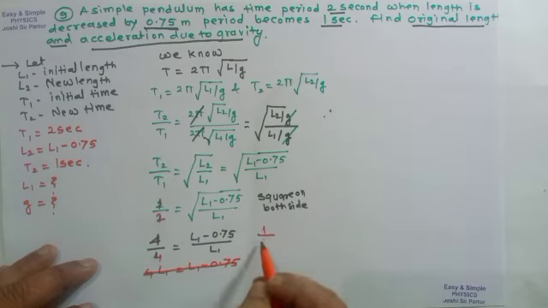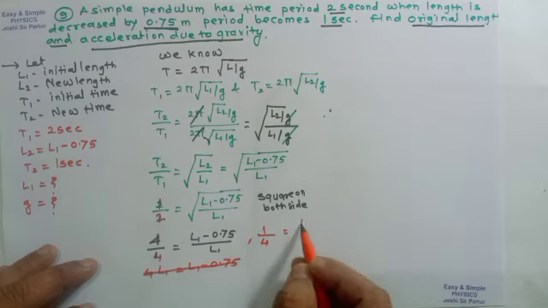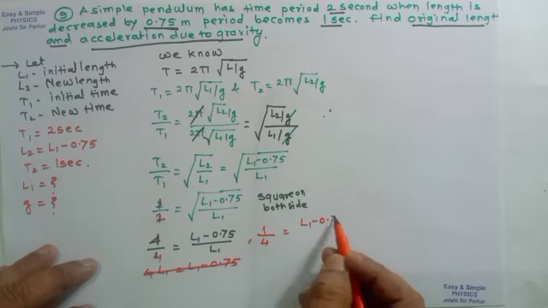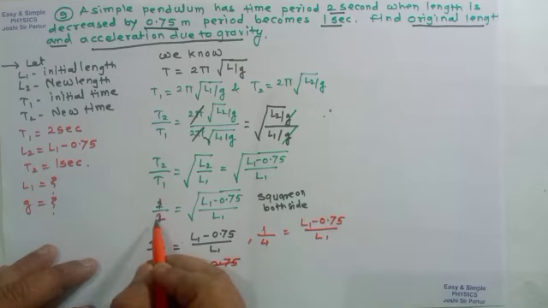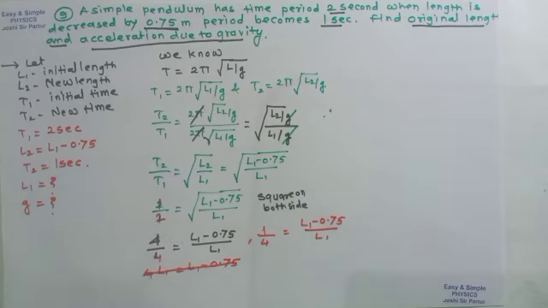So 1 upon 4 will be L1 minus 0.75 upon L1, because T1 is 2 seconds.